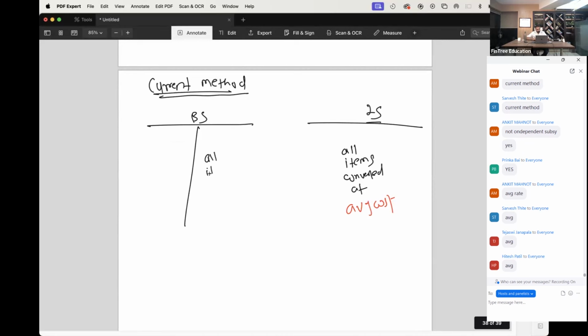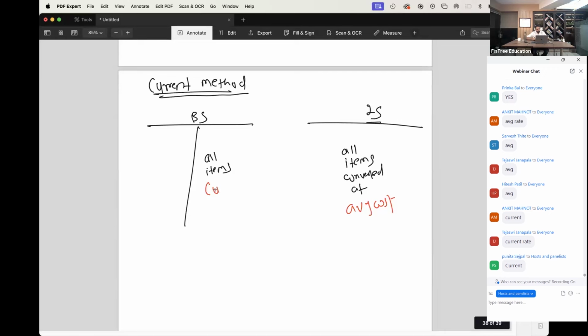All items on the asset side at current cost. Then all debt items at current cost. Equity at historical cost.